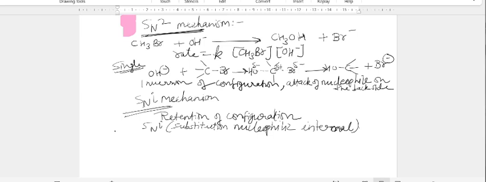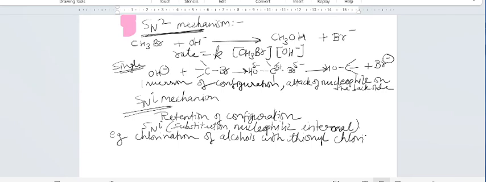Examples of this type of mechanism are the chlorination of alcohols with thionyl chloride, and the decomposition of alkyl chloroformates.